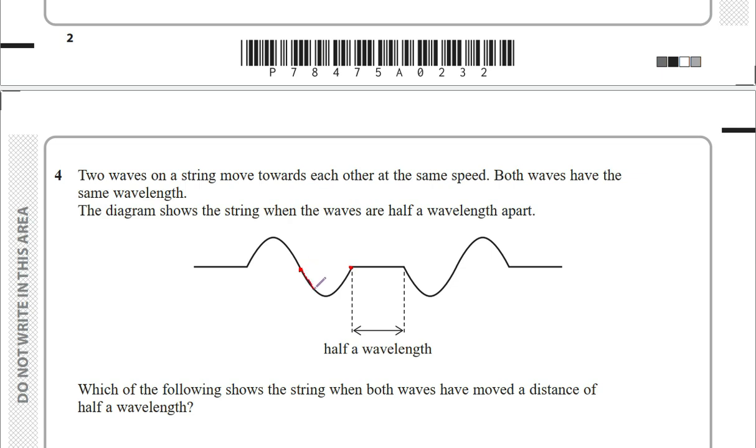So this is half a wavelength, and this is also half a wavelength. This wave would move this distance. This one would move over here, and this one should move half a wavelength over here. And check this out, they would overlap like this, meaning the two waves are in phase.